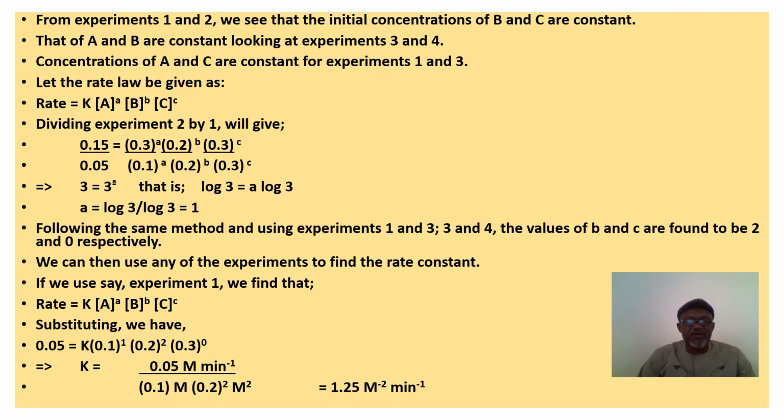Now then, from experiments 1 and 2, like I said, we see that the initial concentrations of B and C are constant. So it's only A that changed. That of A and B are constant looking at experiments 3 and 4. And then when we look at experiments 1 and 3, that tells you what is happening, the ones that are constant.